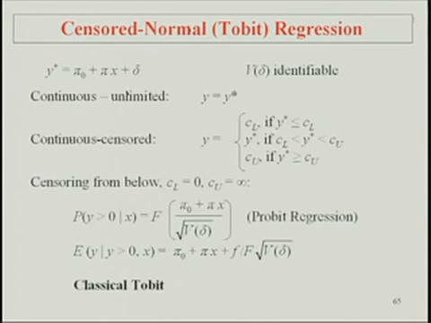The expectation of y for those who do consume as a function of x is a regression function. But it's not a linear regression function. It's a nonlinear function. You have intercept and slope, and then a ratio of lowercase f and uppercase f, which is the normal density divided by the normal distribution function, a hazard rate, as it's called in the literature.